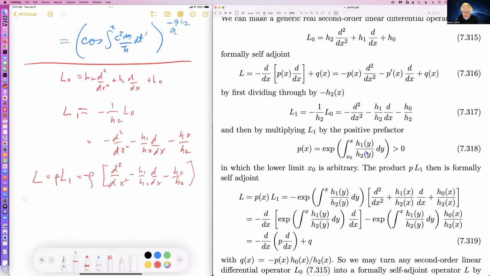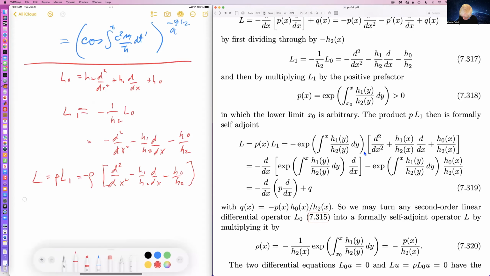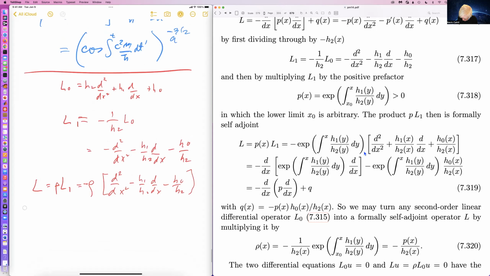Rho is, well, effectively, what was rho? Actually, this is simpler than I'm making it.